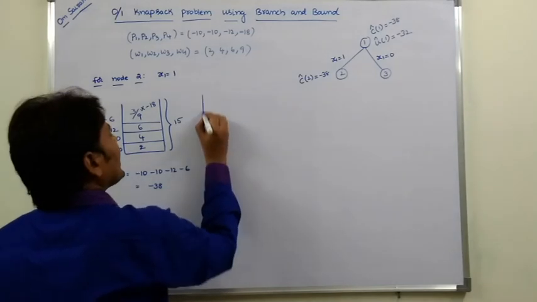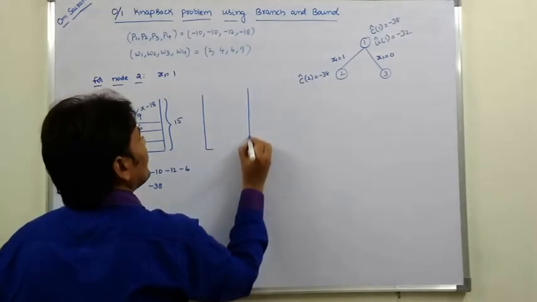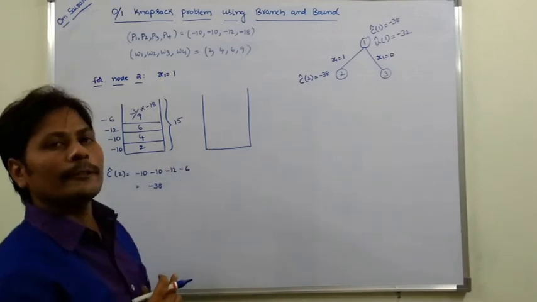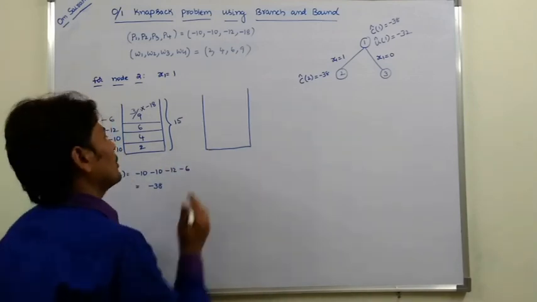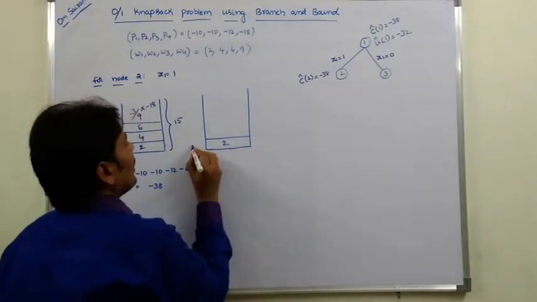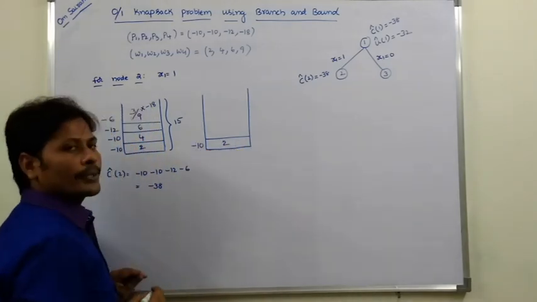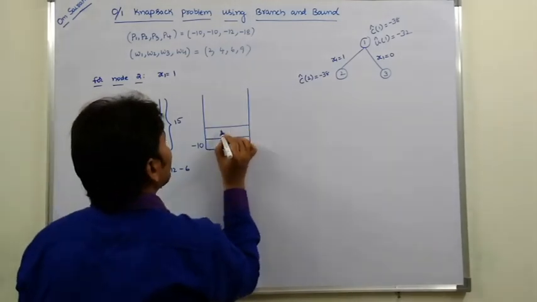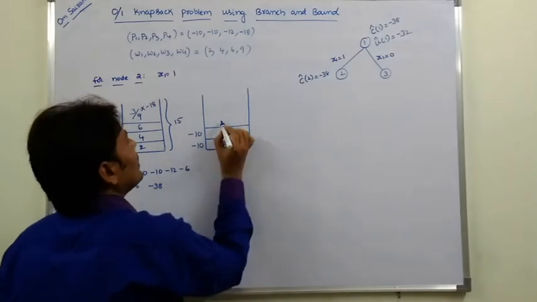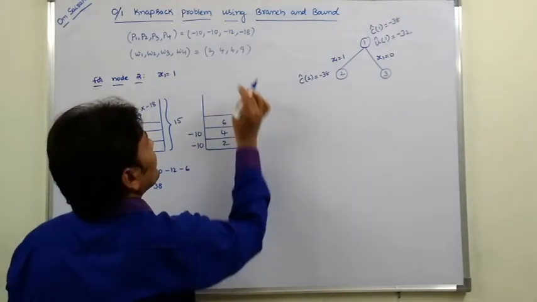Next, U cap of 2. So U cap of 2, here we do not allow the fractions. Okay. So therefore, the first object is placed into the knapsack and the corresponding profit is minus 10. The second object is placed into the knapsack and the corresponding profit is minus 10. The third object is placed into the knapsack.